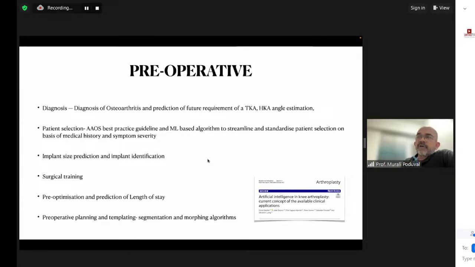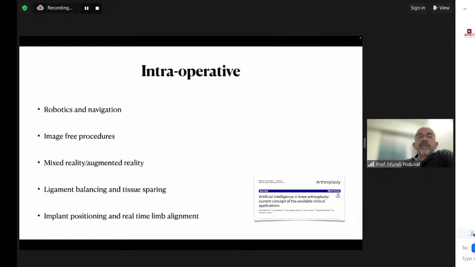Preoperatively, most of your templating software is powered by artificial intelligence, especially the segmentation and morphing algorithms. During surgery, robotics and navigation obviously heavily rely on AI and ML algorithms. And now there is a push towards augmented reality based on algorithms, which are essentially image free and which use a head mounted viewer for the surgeon.